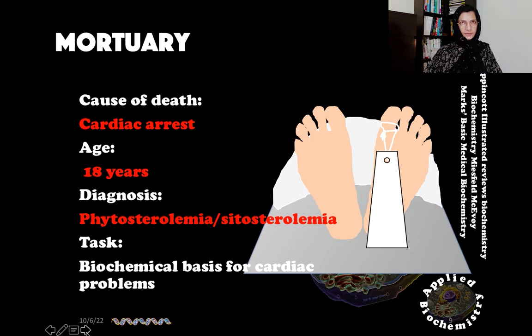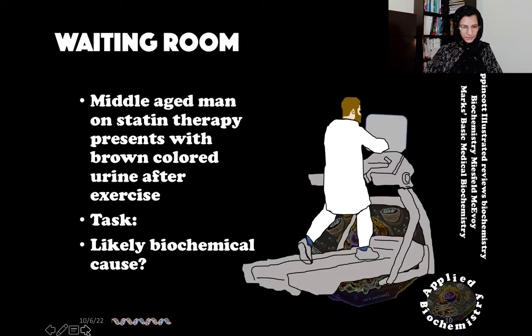Then there is a dead body in the mortuary, and it is a young female. Diagnosis is phytosterolemia, and cause of death is cardiac arrest, and you are required to find the biochemical cause for her cardiac problems.